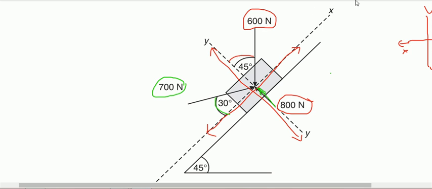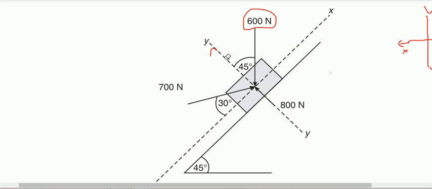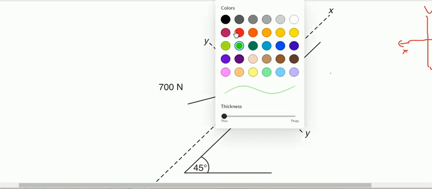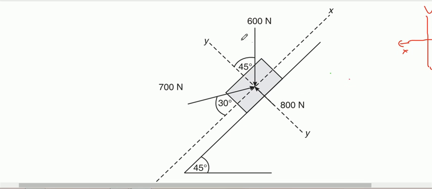Now you have to write the resolved components. All the procedure is the same, but the X axis and Y axis you have to consider with respect to the given coordinate system. That is the only difference. Now tell me what is the X value and what is the Y value. Resolution of forces. You can resolve the force like this, right?